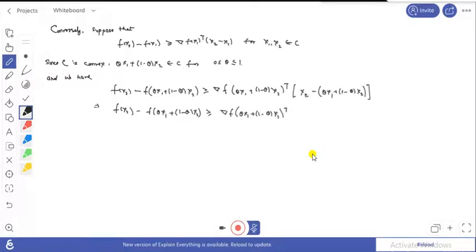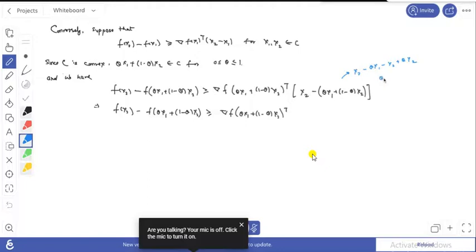So this term: x2 minus, this becomes theta x1 minus theta x2 plus... here x2 and x2 cancel out, and if we take theta as common, this becomes theta times (x2 minus x1).